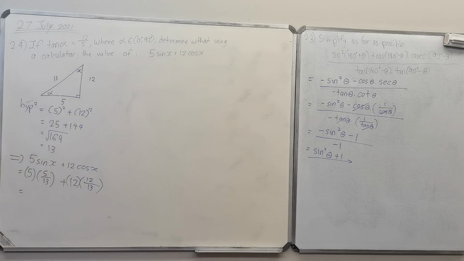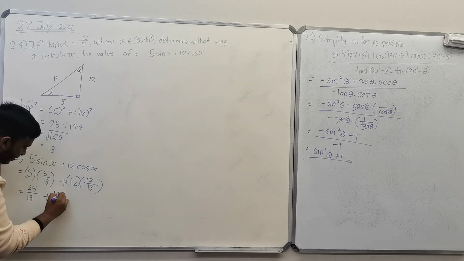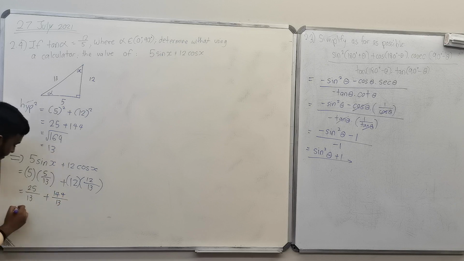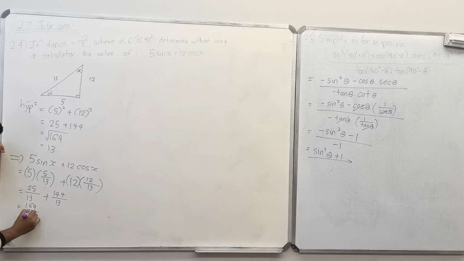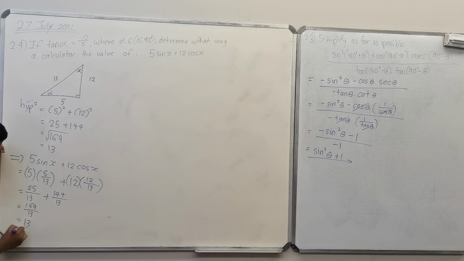Still without the use of a calculator, 5 and 5 is what? 25, all over 13 plus 12 and 12? 144. This plus this is 169 over 13. Do you understand what I did? You get it?